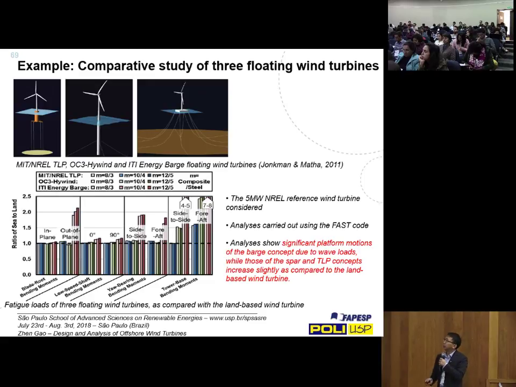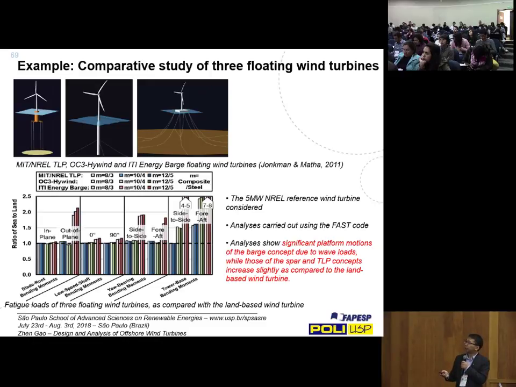And then Jonkman and Matha also studied other types of floating wind turbines. In particular, they include this barge floating wind turbine. And of course, the wave loads on the barge are very large and induce large motions. So they compare different responses, from blade root bending moment and also the tower base bending moment, as compared to land-based turbines.